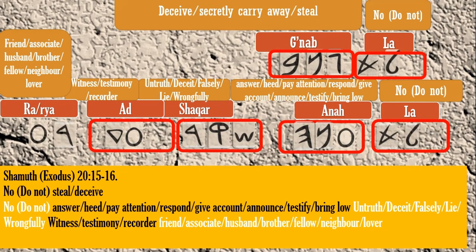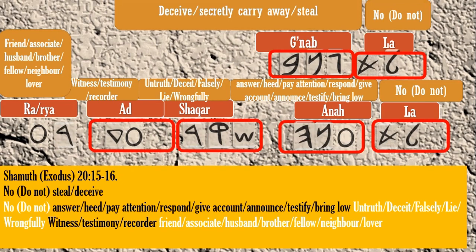So do not falsely or wrongfully testify or record or falsely or deceitfully bear witness against a friend or a fellow or a lover or a neighbor or a brother or an associate.